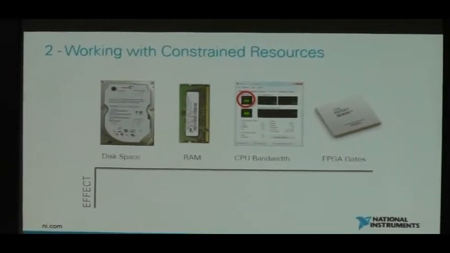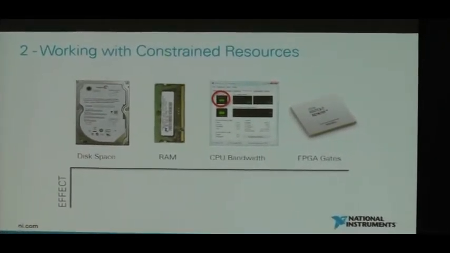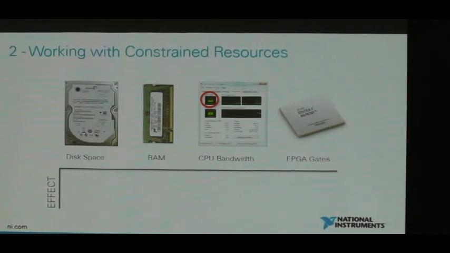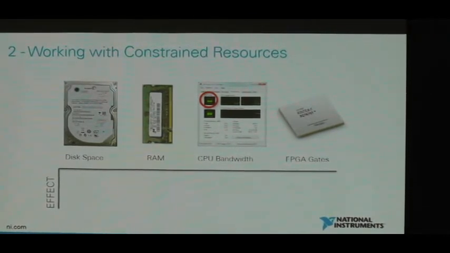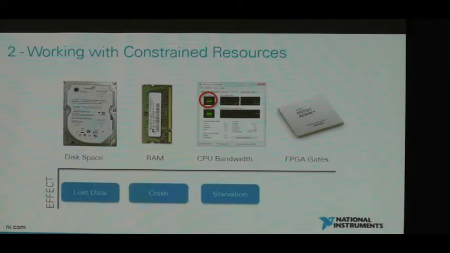The first is the reality of programming on an embedded device is that typically you have fewer resources. It just totally depends on your application. You might want an 8-core processor on your embedded target. That totally depends. But you typically will be dealing with limits in disk space, in RAM, and in your processor. And so those will typically look like, I only have so many, like 512 megabytes of hard drive space, so I'm actually losing data.